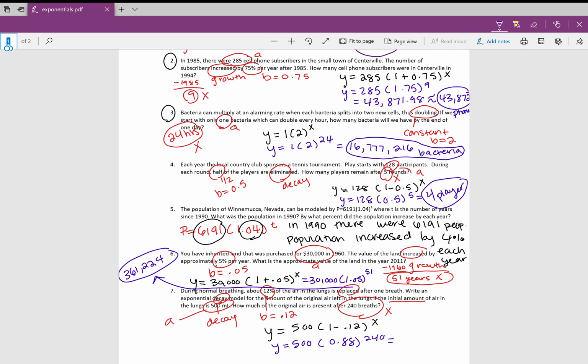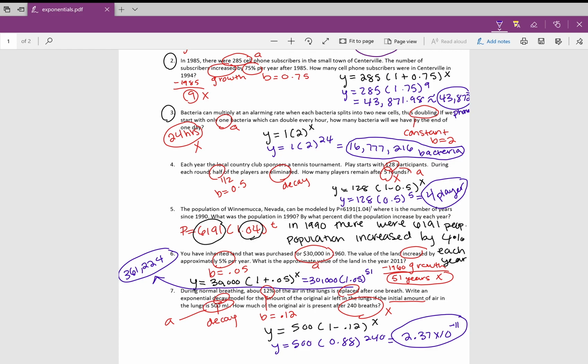So we get a very small number. We get 2.37 times 10 to the negative 11. Okay, remember we talked about this a long time ago.